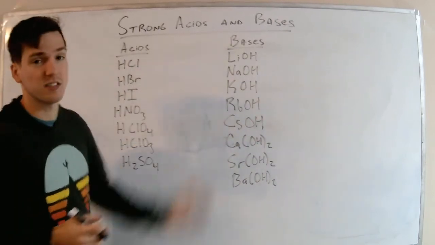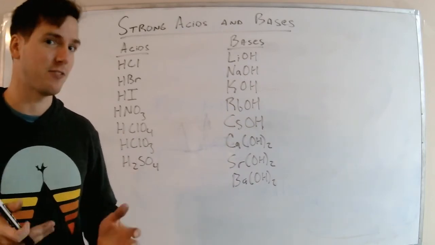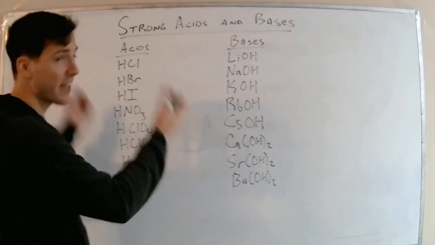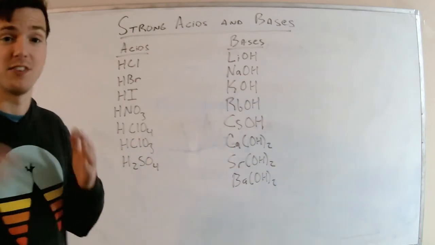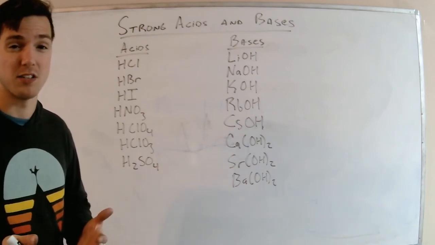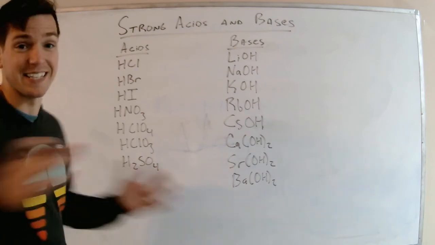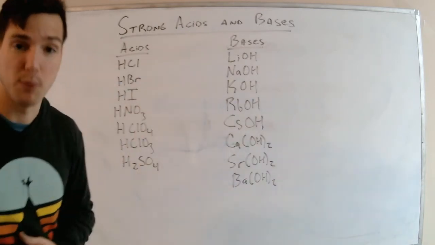These strong acids and bases do not require you to use an ice table. We'll have to use ice tables later on. But these acids just require our standard calculations that we'll get into later of negative log of H+ equals pH, or negative log of OH- equals pOH, or 10 to the negative pH equals H+. This is where we can just use simple calculations.